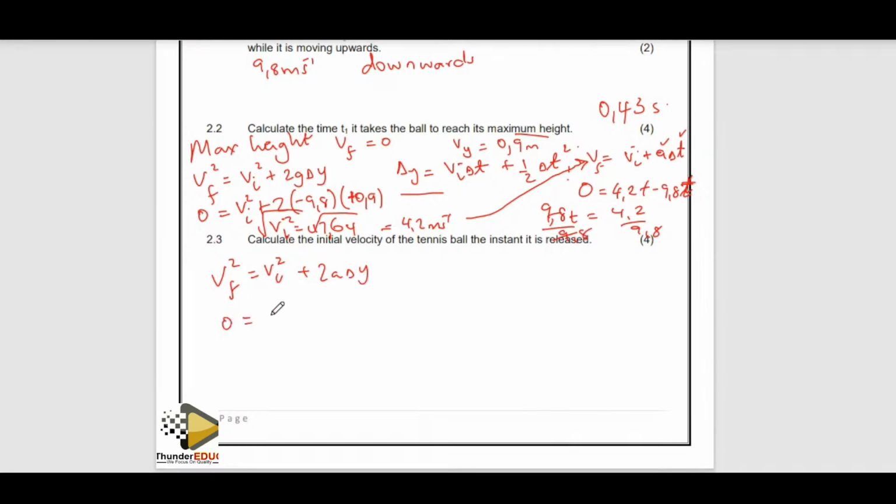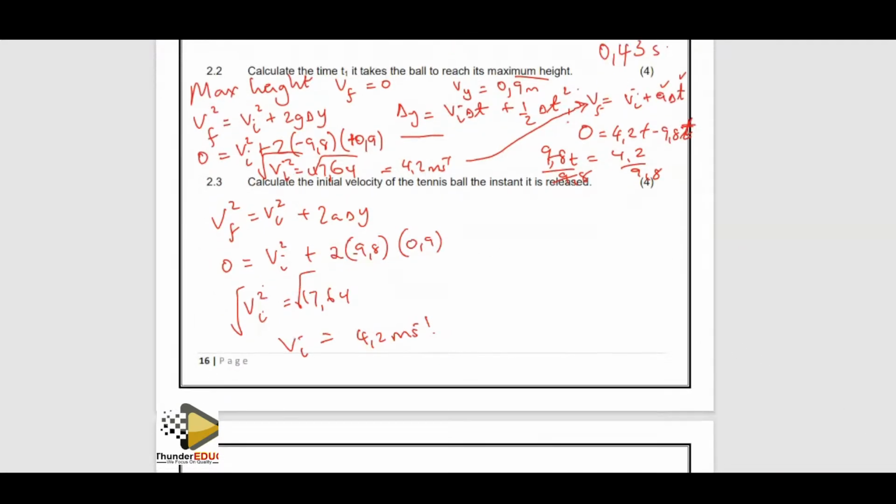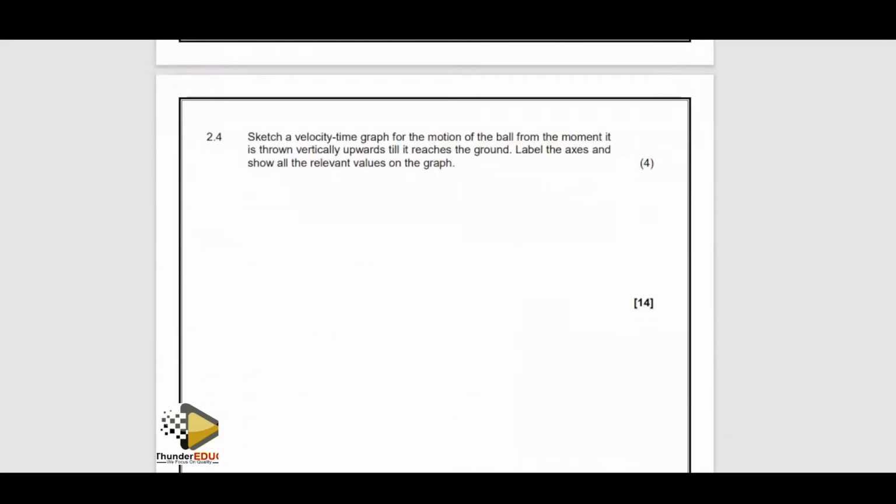So we say Vf is 0, Vi squared plus 2 times negative 9.8 times the 0.9. What did we say? We just transposed that. So Vi squared is 17.64. And then when we took square roots, our Vi became 4.2 meters per second. There's no harm doing that again. Remember, all questions normally have different approaches, quite a number of approaches.